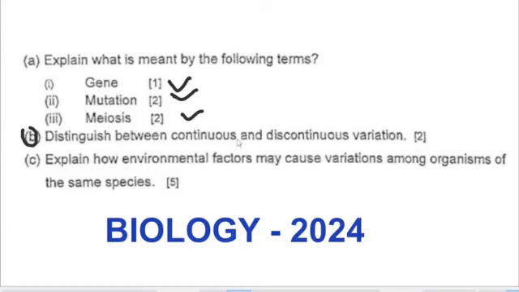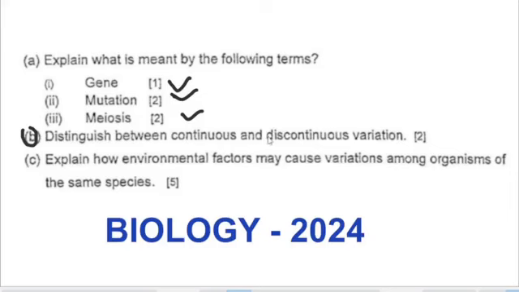When you look at continuous variation, we are looking at the type of variation in which individuals do not belong to sharp distinct classes, but they show a wide range of character expression between 2 limits. For example, height, and also skin color.